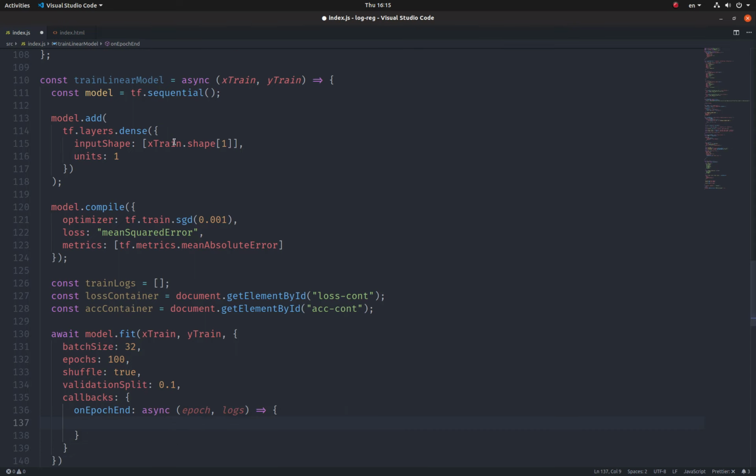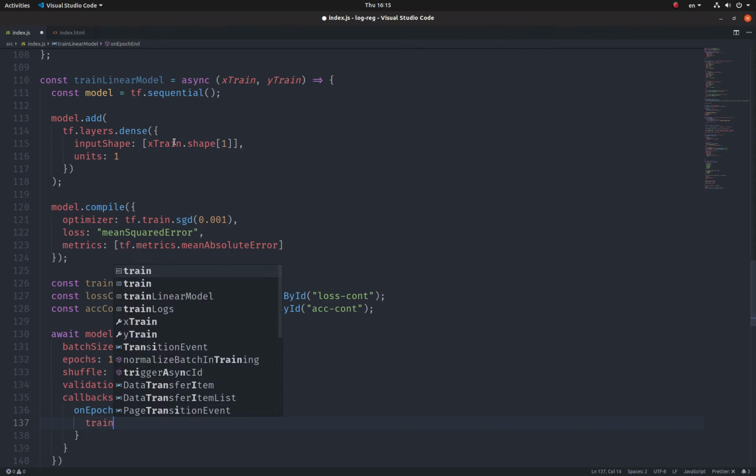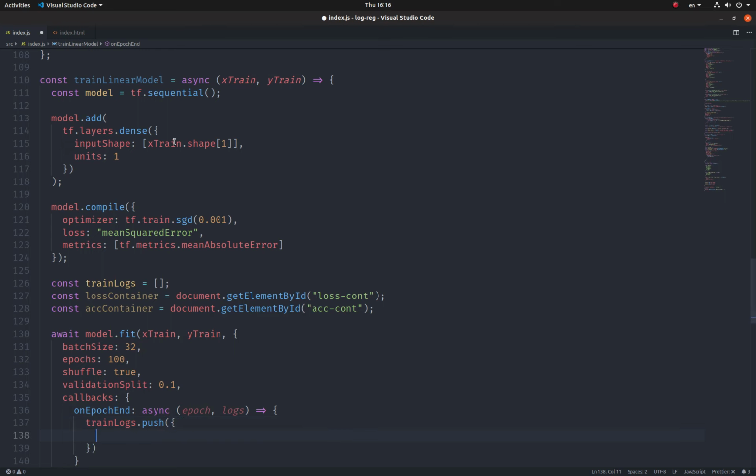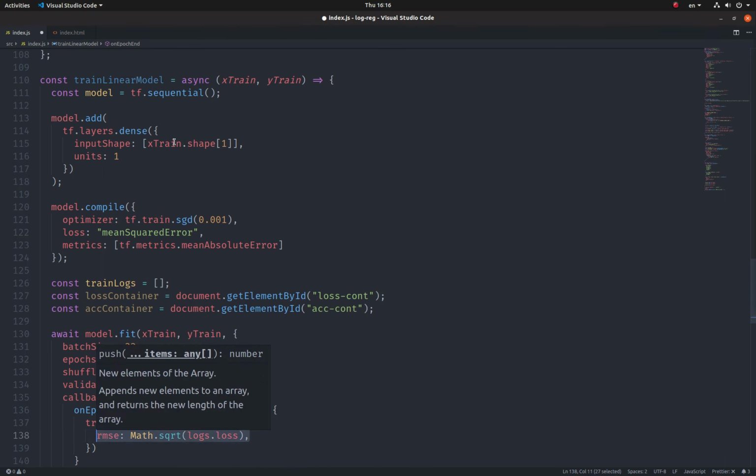So in here I'm going to push into the train logs the information for the current epoch, and I'm going to store the root mean squared error, and this is going to be the square root of the loss from the logs.